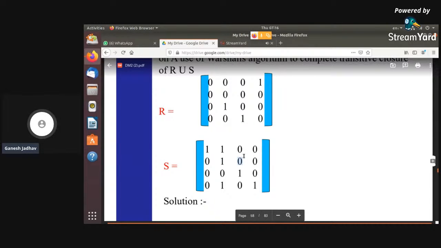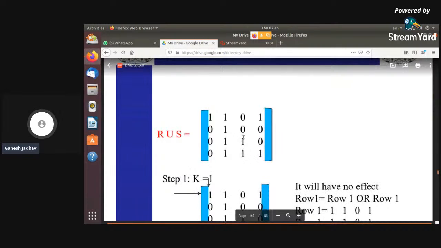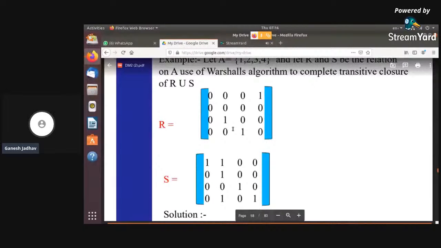So you have to write the combined matrix, or you can say the union matrix, R union S. Okay, this is the R union S matrix, meaning you can combine these two matrices into one matrix.